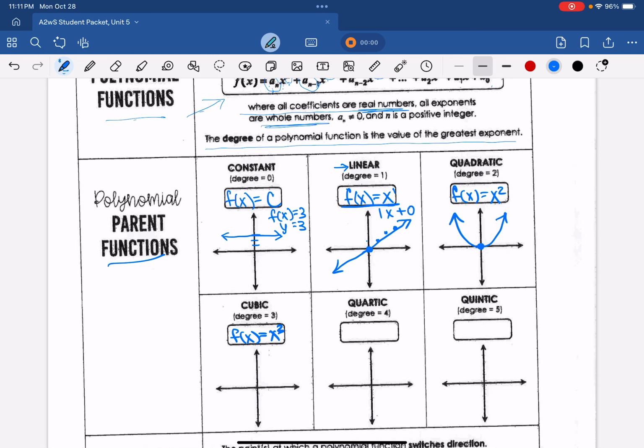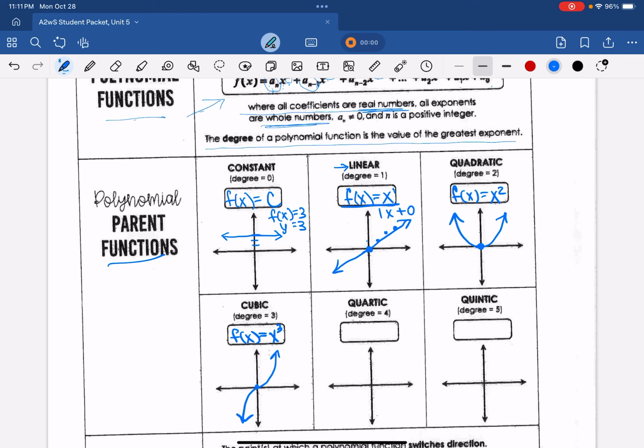So what this looks like, this side still looks like the parabola, but the difference now is this side goes down, opens down. So it's got one arm that opens up and one arm that opens down. I want you to be sure that you see that it's an x to the third. It's a 3.